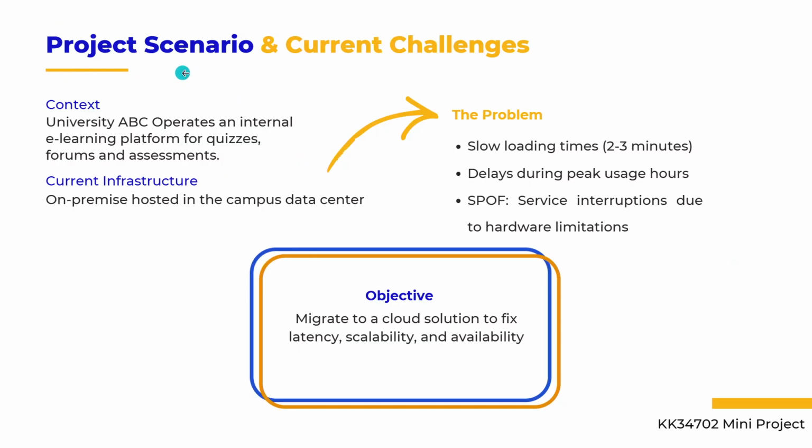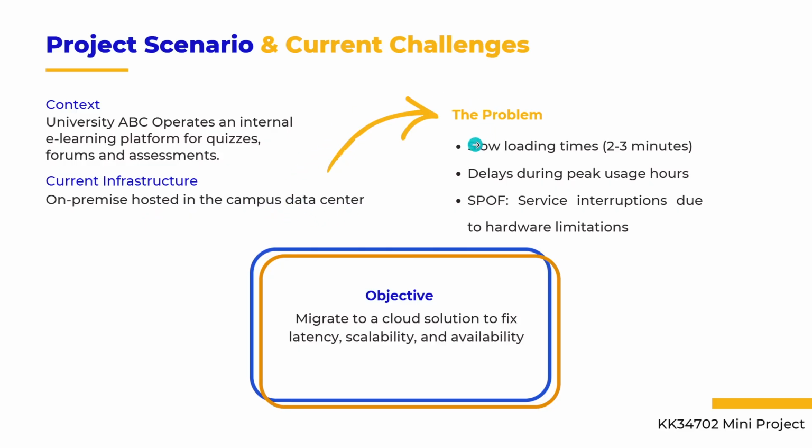So, we will move on to the project scenario and current challenges. The context of this project is that University ABC operates an internal e-learning platform for quizzes, forums, and assessments. The current infrastructure for the university is on-premise, hosted in the campus data center.